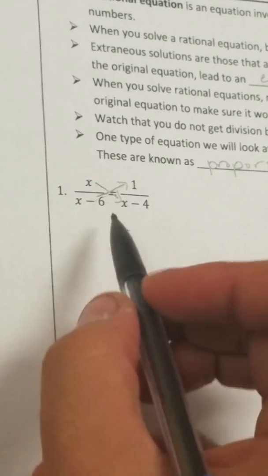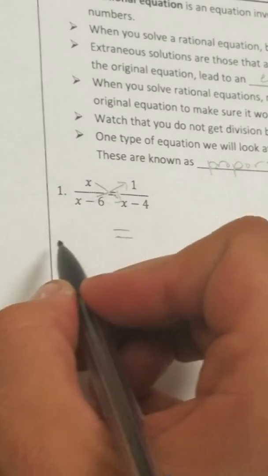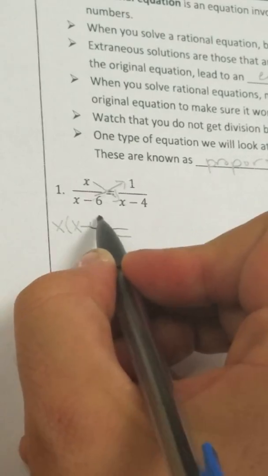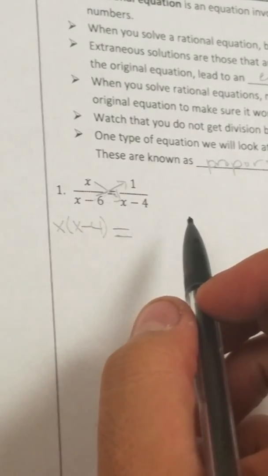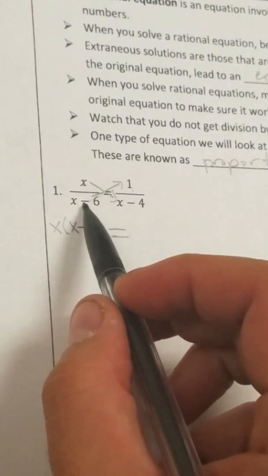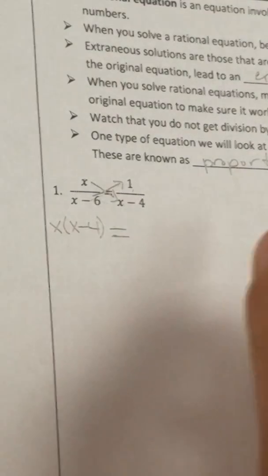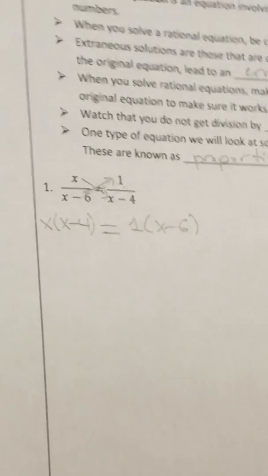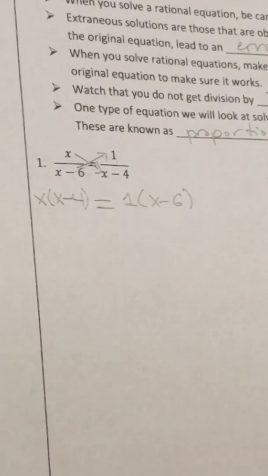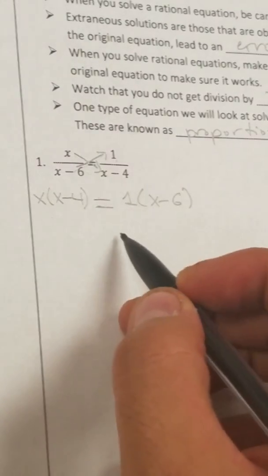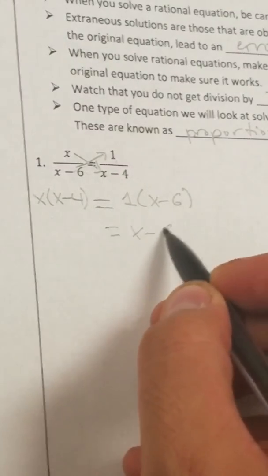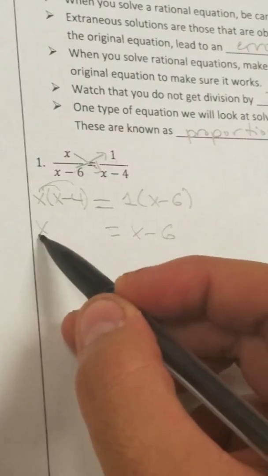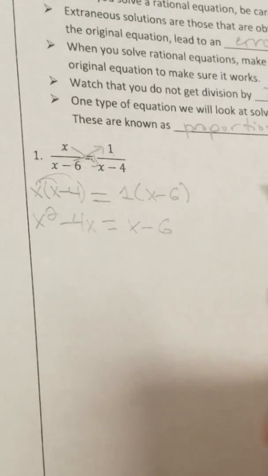On the left side of the equal sign, we are multiplying x times x minus 4. On the right side, we have 1 times x minus 6. All right, 1 times x minus 6, it doesn't change anything. You still have x minus 6. And we have x times x minus 4. You're going to distribute. So you have x squared minus 4x equals x minus 6.